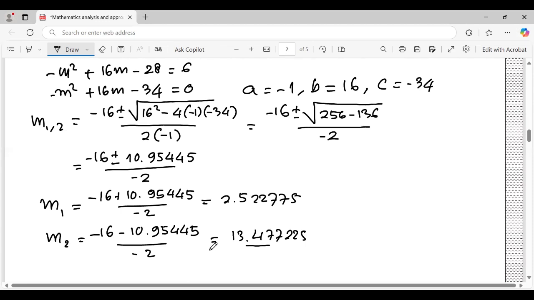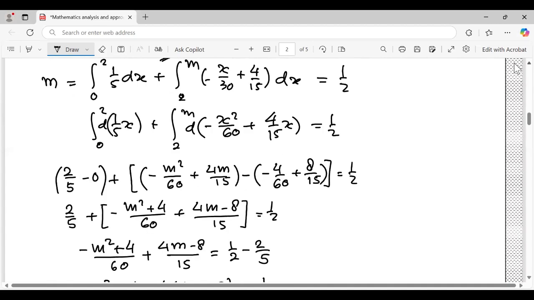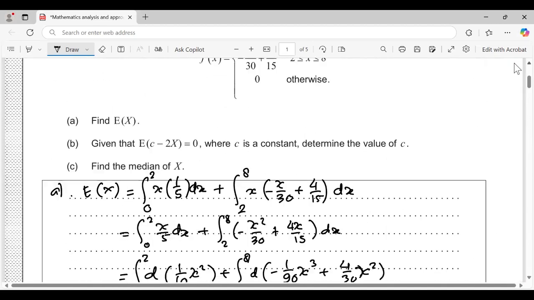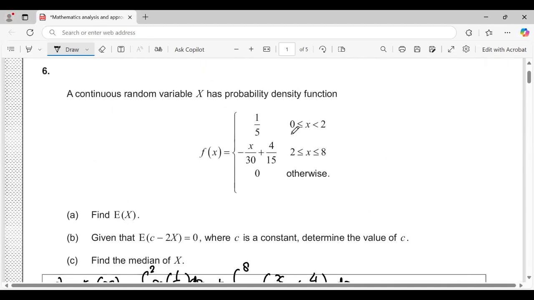But we are not going to use this m because of the interval of x, which is 0 to 2 and 2 to 8. So only the interval 0 to 8 is the interval of x.